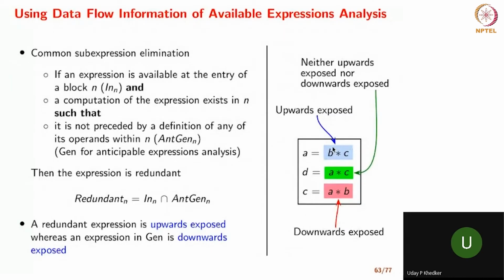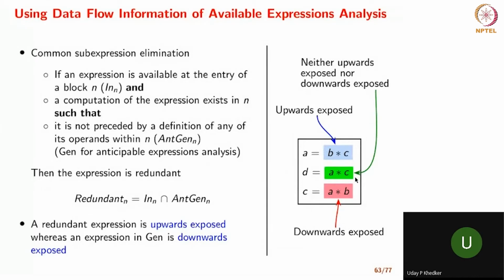However, observe that B star C is not available. B star C is not downwards exposed because B star C is followed by an assignment to C. Okay, so this is an example of an expression that is upwards exposed.